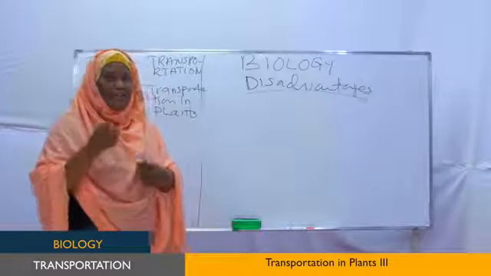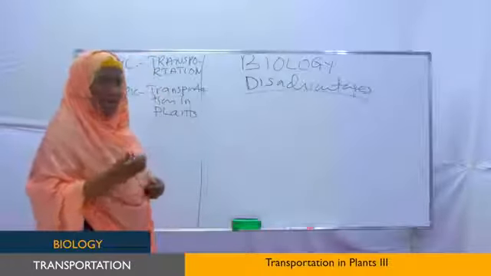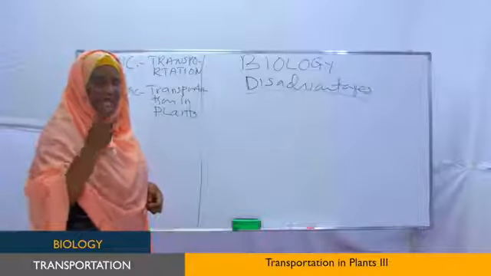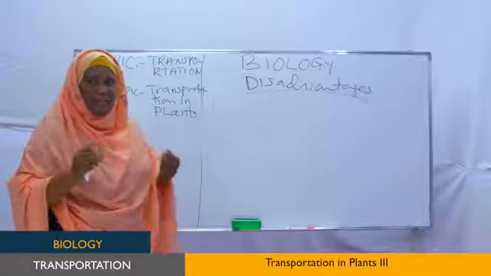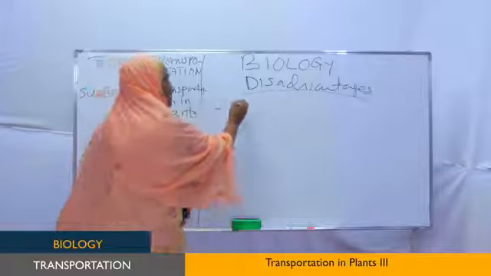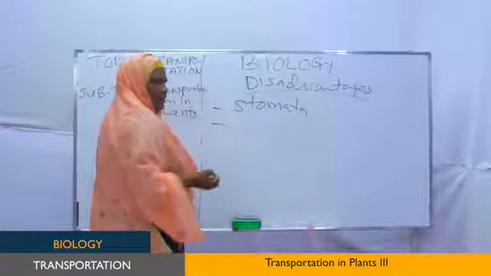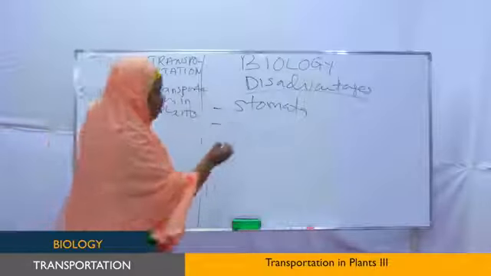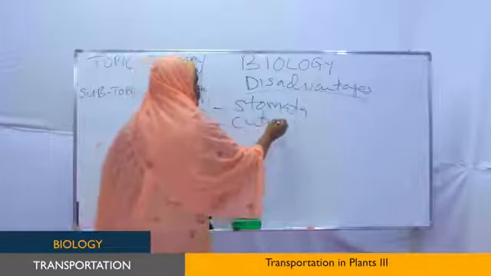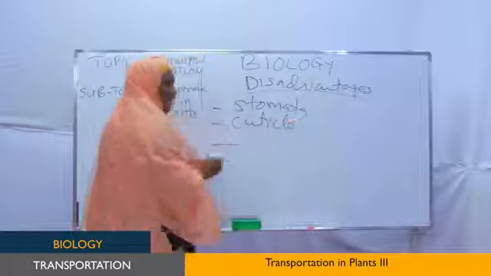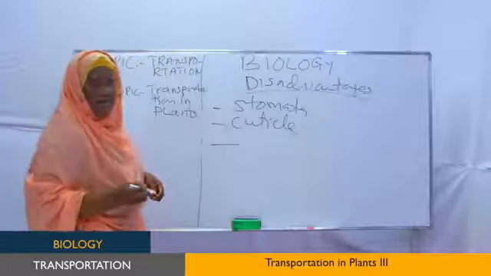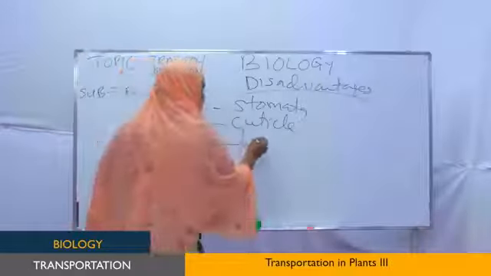You know that transpiration may take place in 3 places. First, stomata. Second, cuticle. And the last one is lenticels.